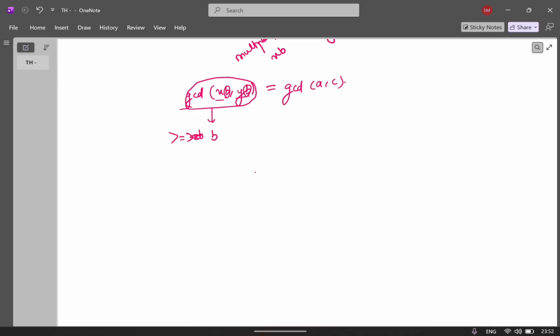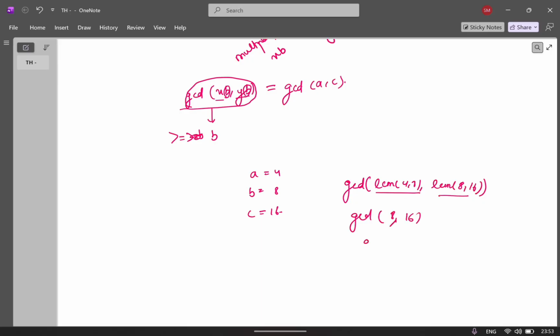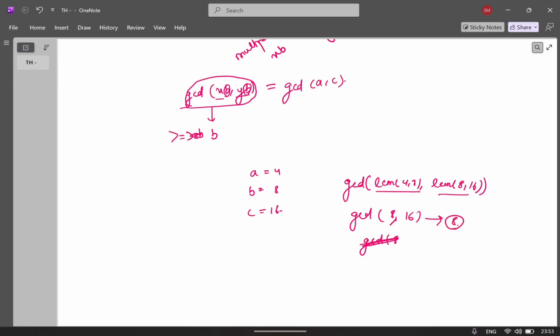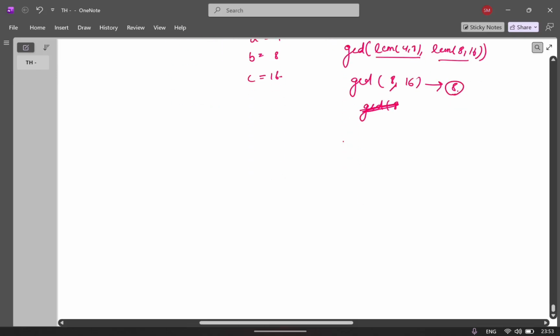If you want, we can take an example. Let A equal 4, B equal 8, C equal 16. So GCD of LCM of 4 comma 8, LCM of 8 comma 16, is GCD of 8 and 16, and that answer is 8.